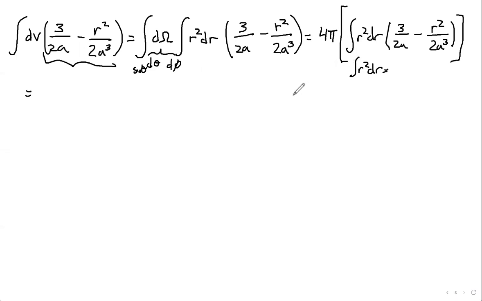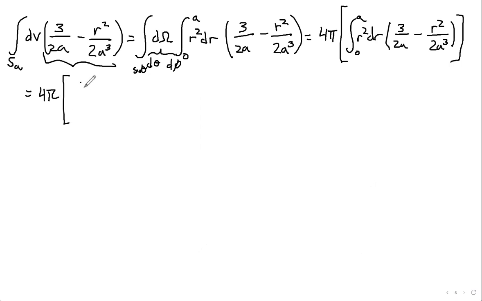Sorry, I made a mistake. Remember that this is over the sphere of radius a, so the integral in R goes from 0 to a, and this integral goes over the angle. Let me do it explicitly. This is 4 pi.